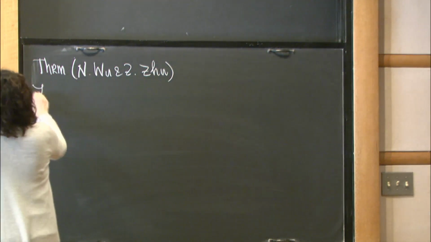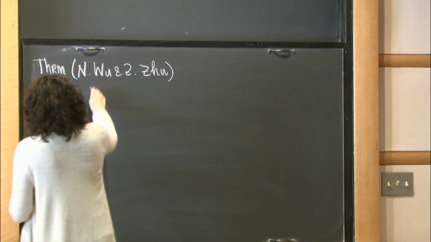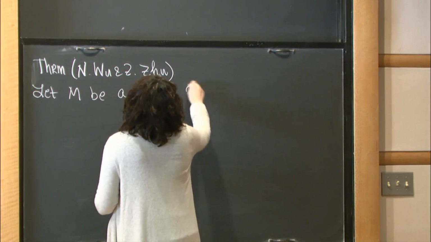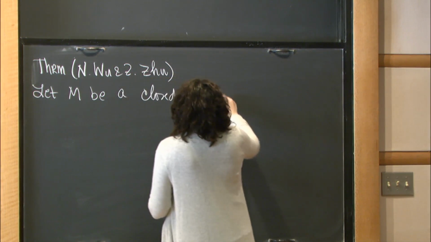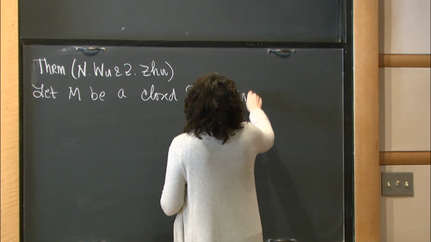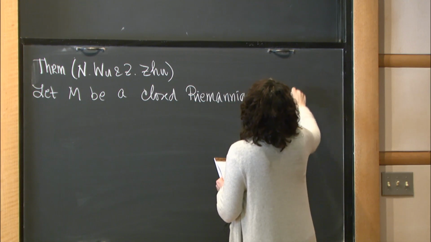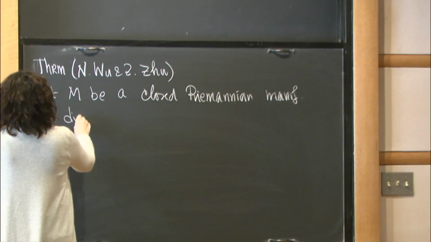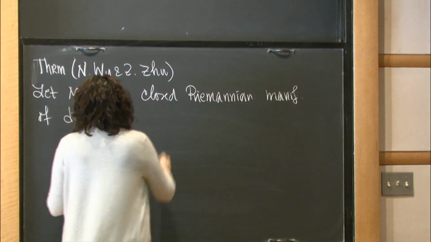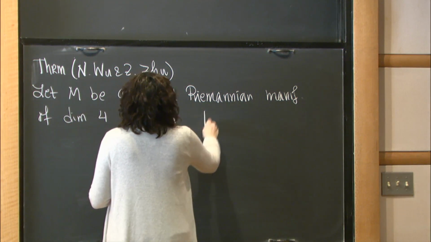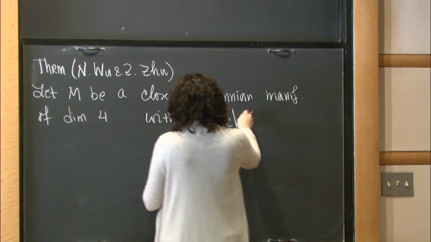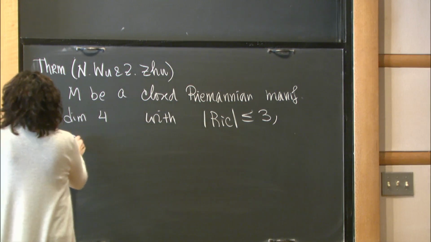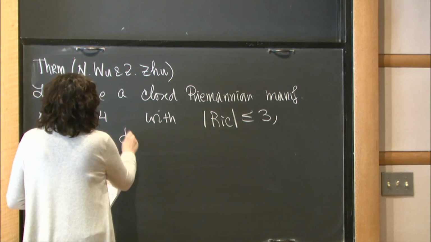Let M be a closed Riemannian manifold of dimension 4 with bounded Ricci curvature, volume bounded from below and diameter from above.